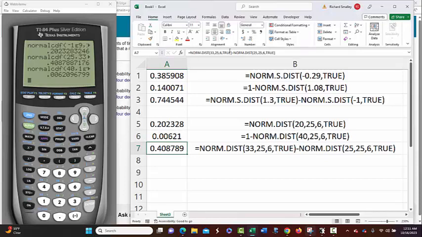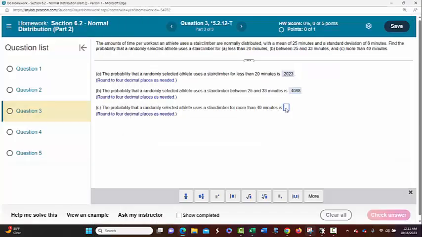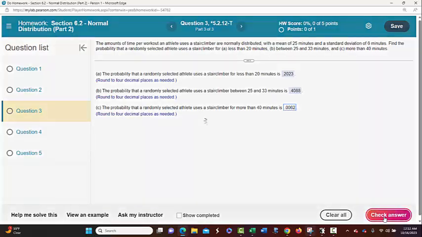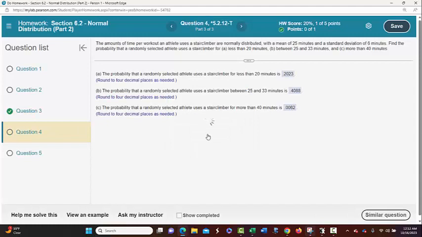In the binomial distribution, we sometimes could use true or false depending on the scenario, of course, not just randomly using true or false, but here it's always true. That looks good. 0.0062. Beautiful. Let's take a look at the next one.